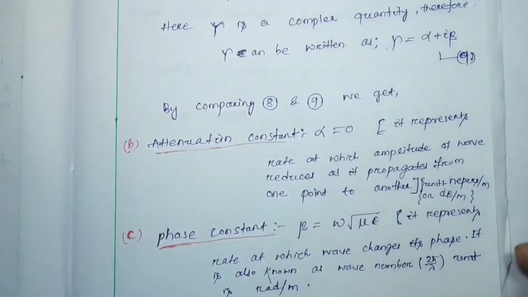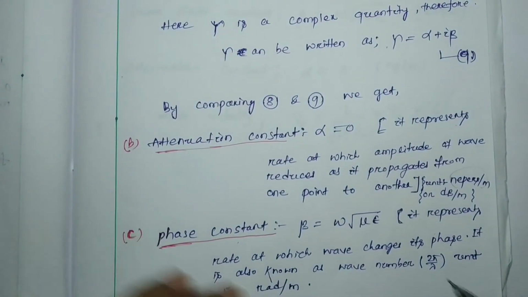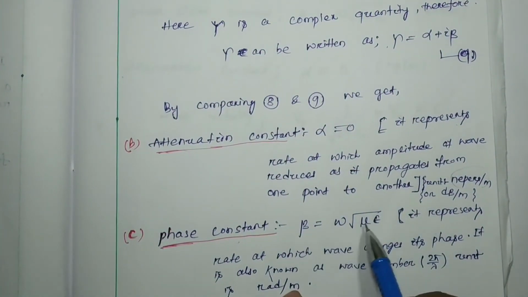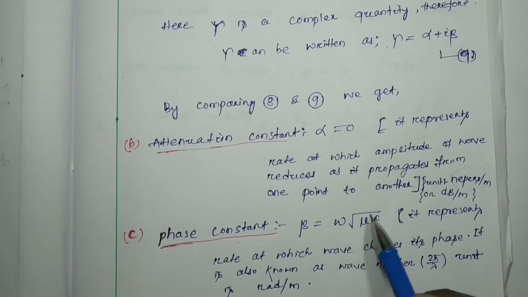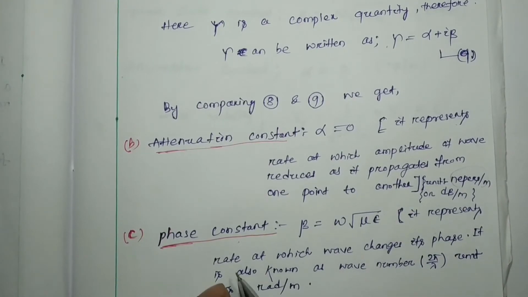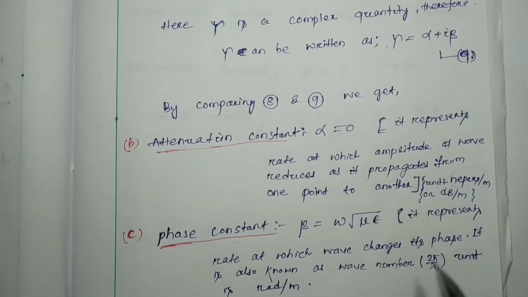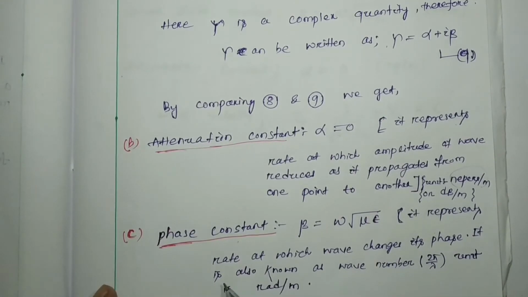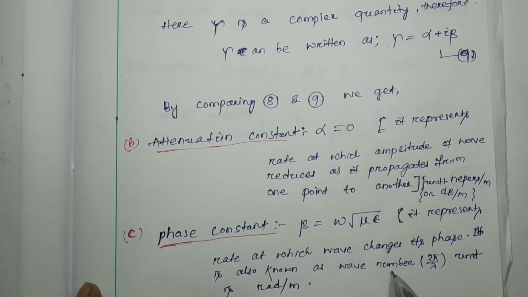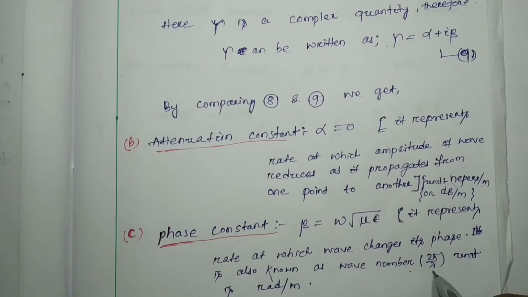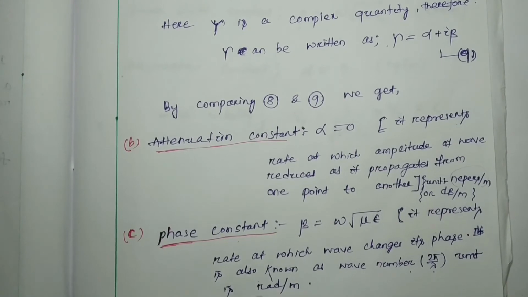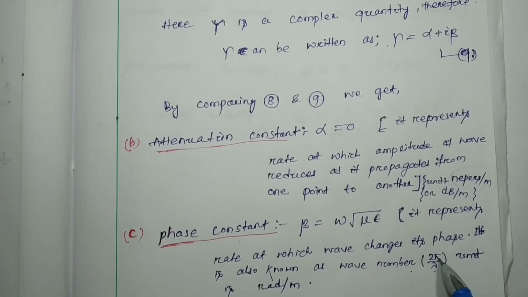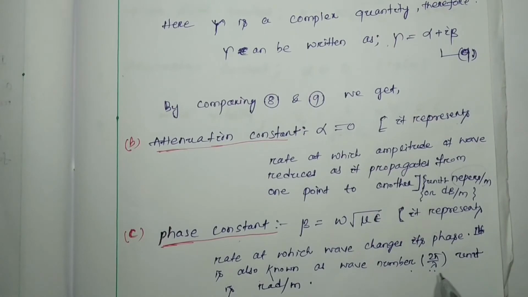Okay, so here this omega root mu epsilon represents the rate at which the wave changes its phase. It is also known as the wave number, 2 pi by lambda, and its unit is radian per meter, since 2 pi belongs to angle and lambda is the wavelength.